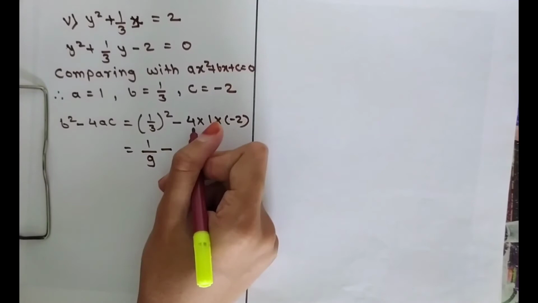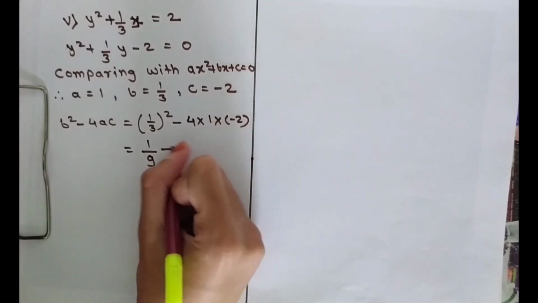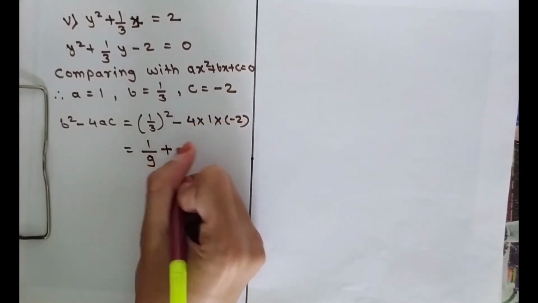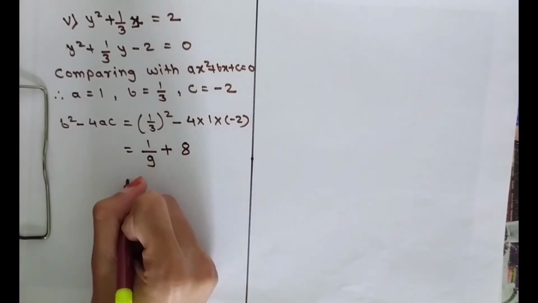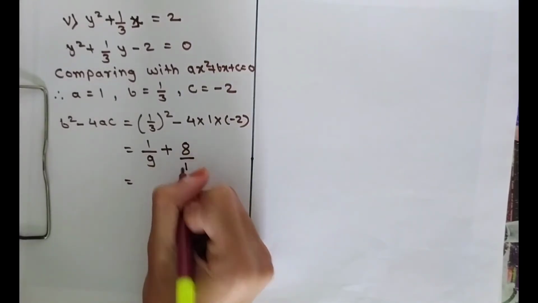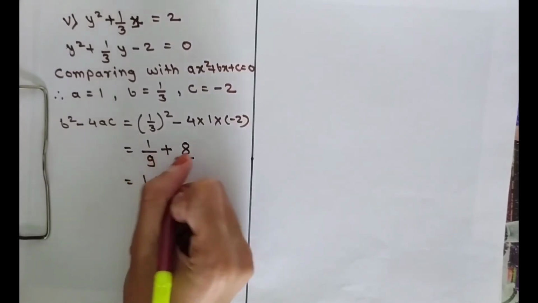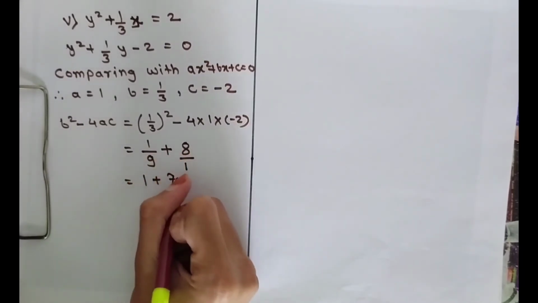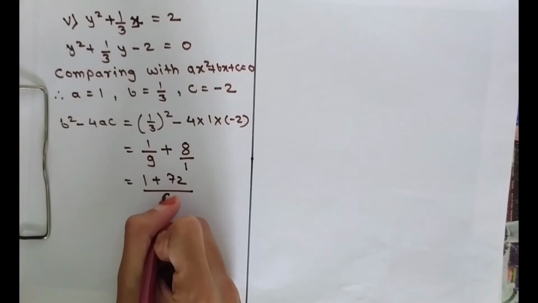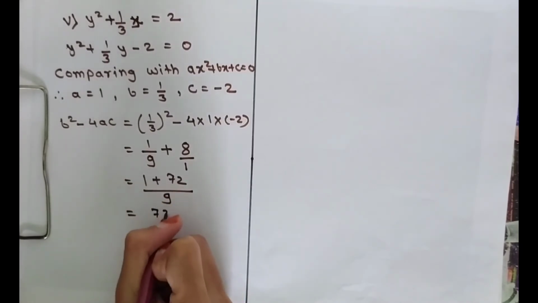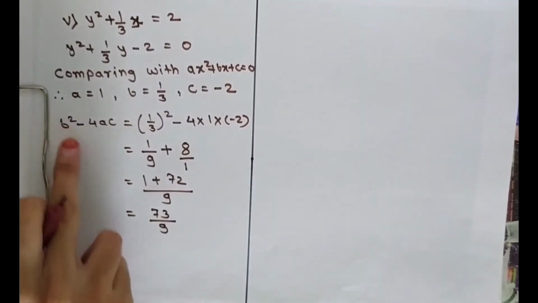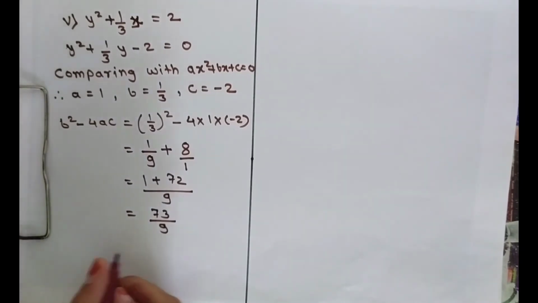So minus 4 2s are 8, and minus minus is plus. So plus 8 is equal to, now here is 1. So cross multiply it. 1 plus 9 8s are 72 upon 9 is equal to 73 upon 9. So b square minus 4ac is 73 upon 9.